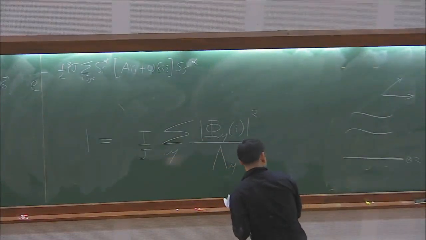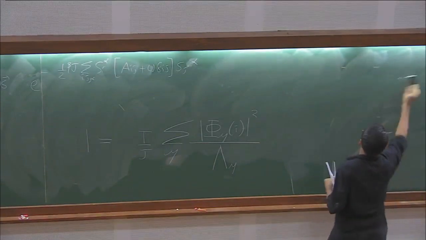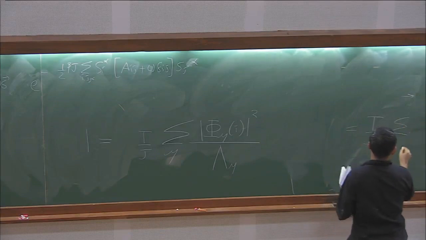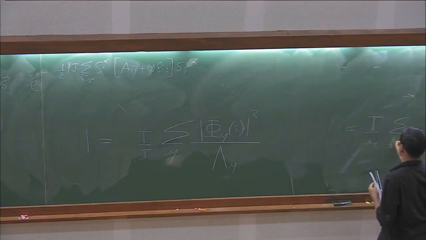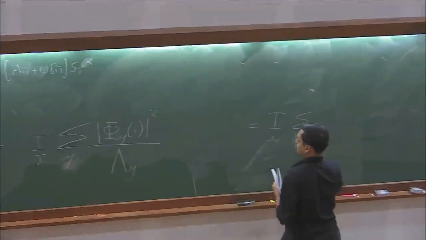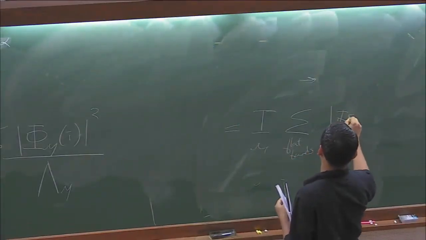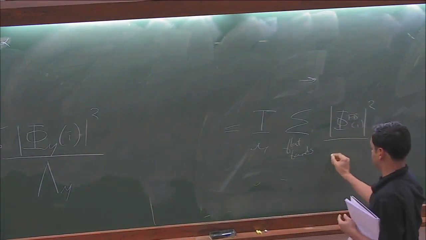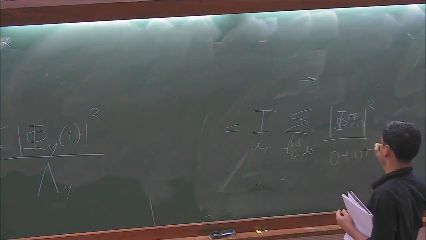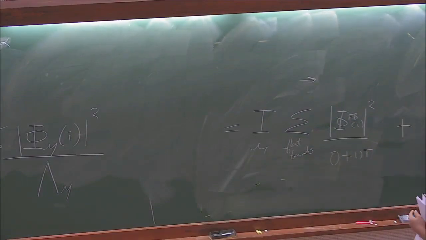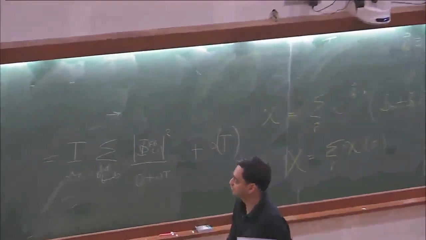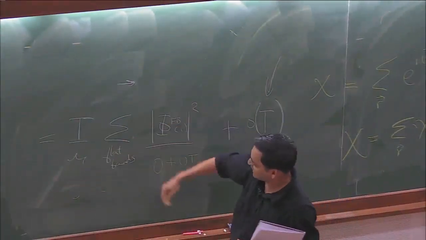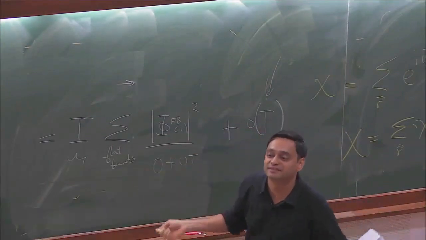So let's write it again as a sum of two terms: flat band wave functions, and this number is going to be 0 plus something which is of order temperature, and then the rest of it, which is also of order T. So in the low temperature limit, although it's true that this is going away and can't contribute to the 1, this can always be made to contribute, and there's never a phase transition.